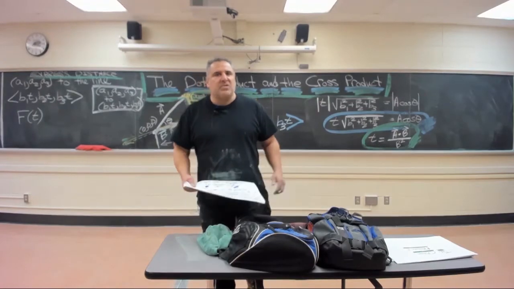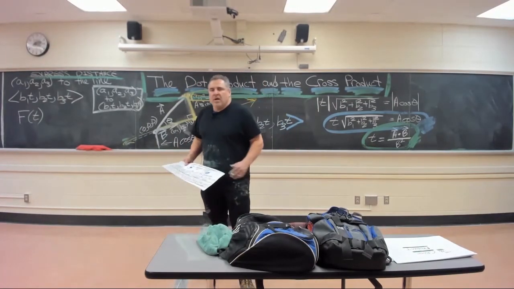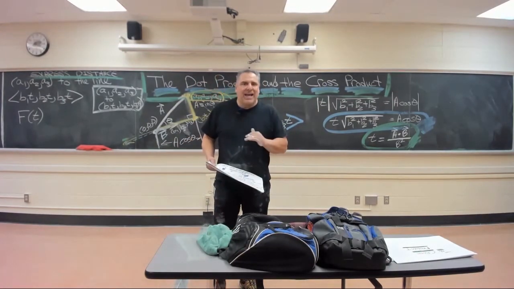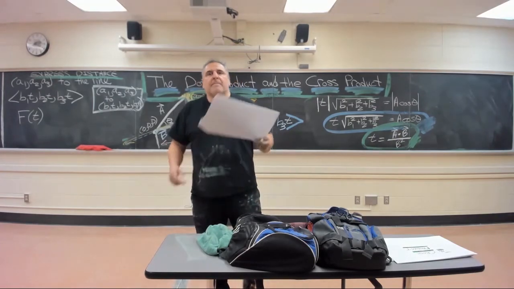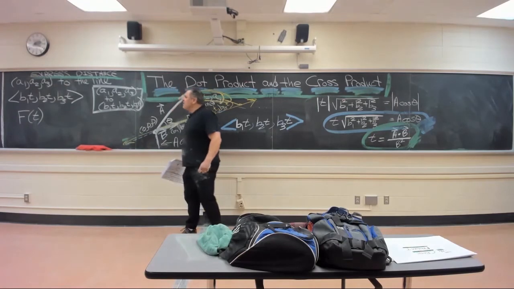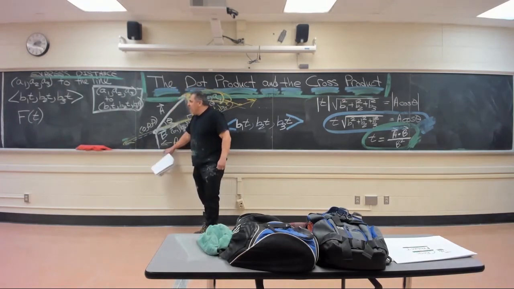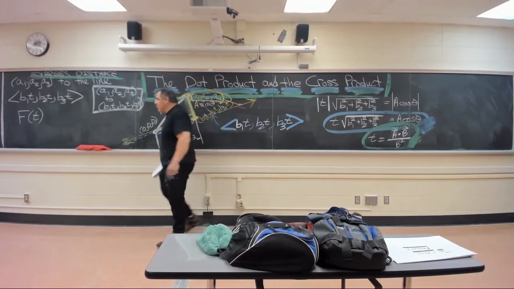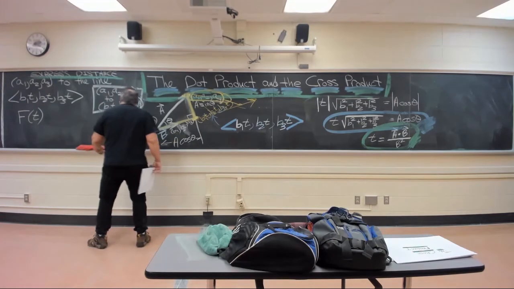Where t is any real number, I get an infinite number of points that give me the line, if I graph it, determined by B vector in three-dimensional space. What are we talking about?